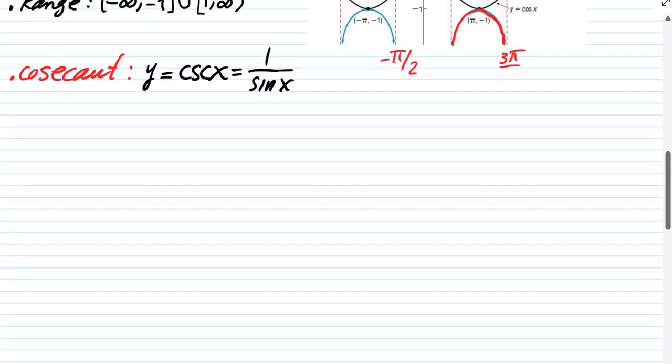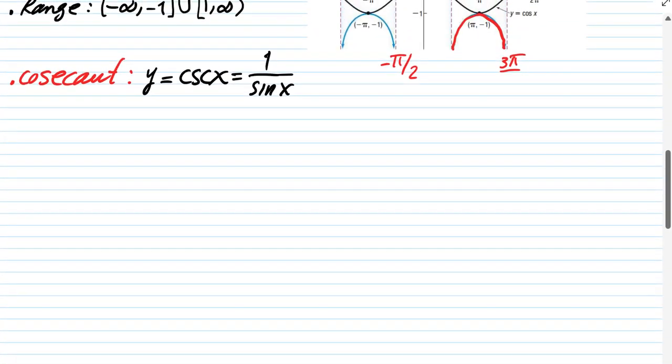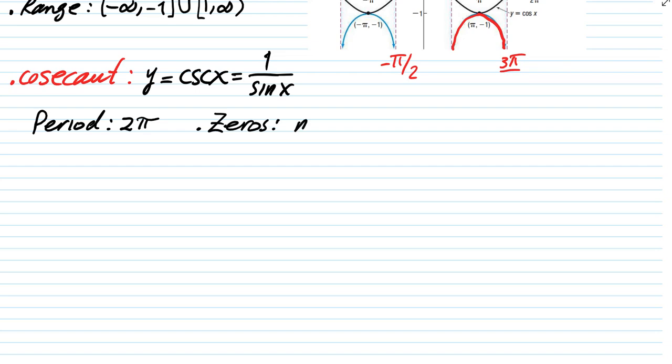Now, first of all, the period of cosecant, just like secant, sine, and cosine, the period is 2 pi. That means one complete cycle takes a 2 pi interval. Zeros, well, there are none, because the numerator is 1, and that fraction can never be 0. So zeros are none.